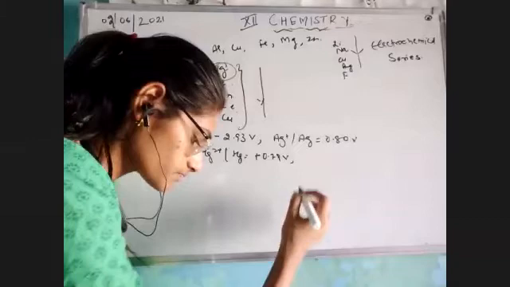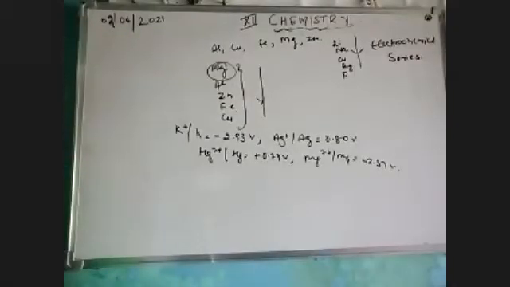We have been given the 4 examples: potassium, silver, mercury, and magnesium, and we have to arrange them in the order of reducing power.